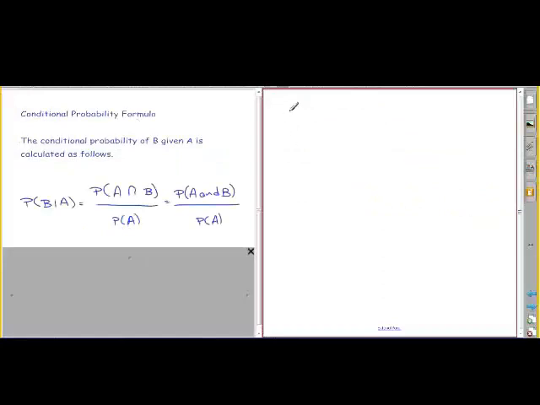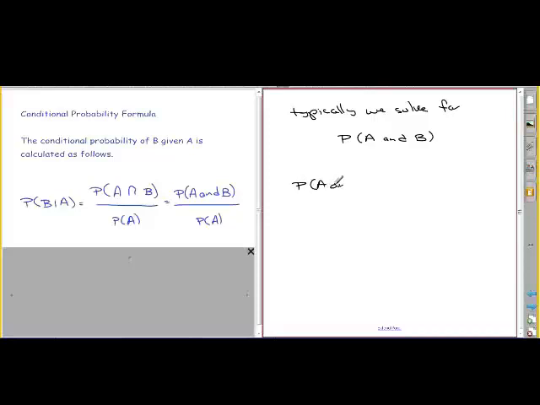So let me just write that out. I can't remember whether I write it on the next page. So I'll just say typically we solve for the probability of A and B happening.